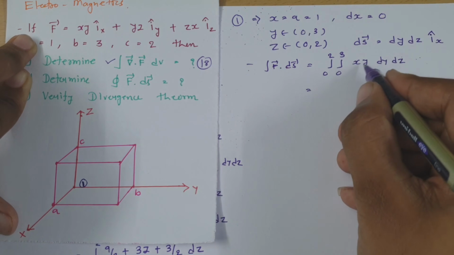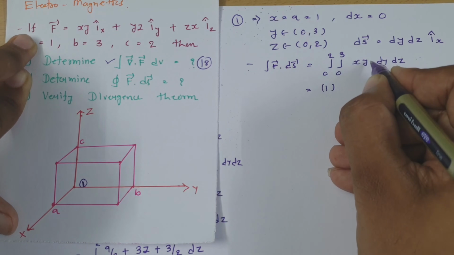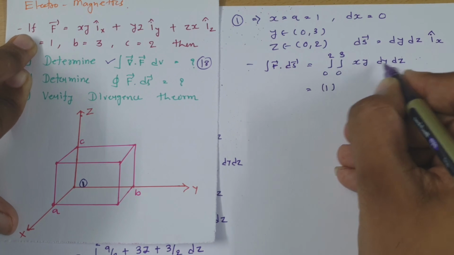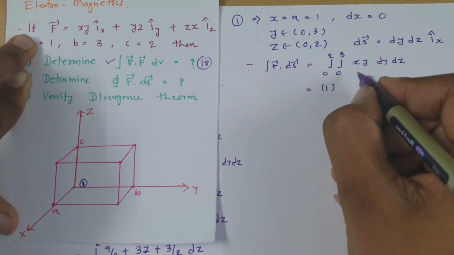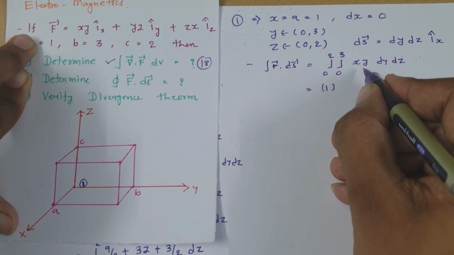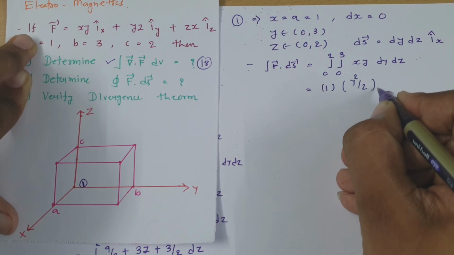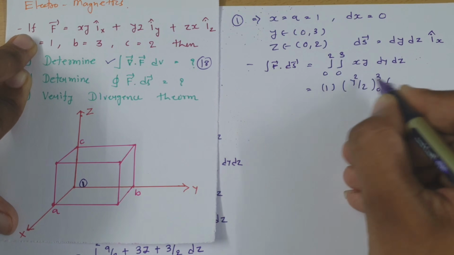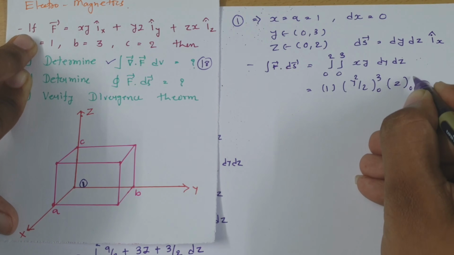Now here x is equal to 1, you can take it outside as 1, and y and z are independent, so we can take separate integrations. The y integration is y square by 2, limit from 0 to 3, and the z integration is z, limit from 0 to 2.